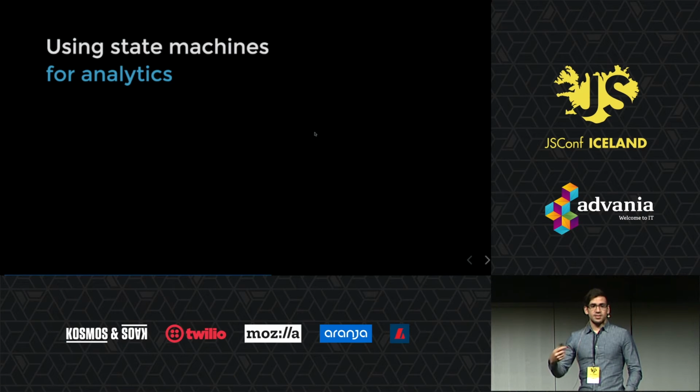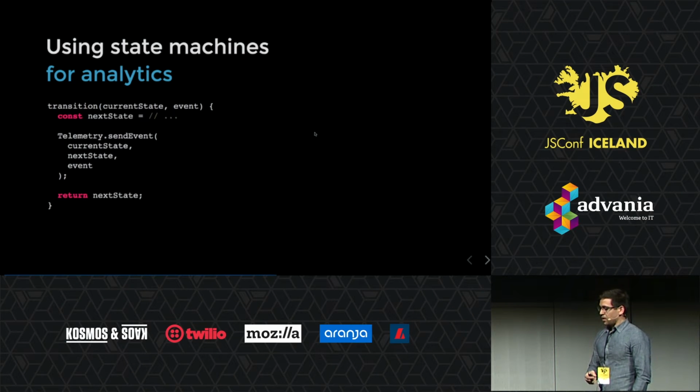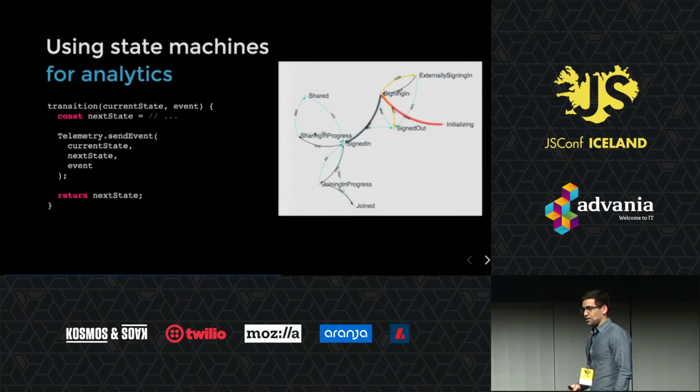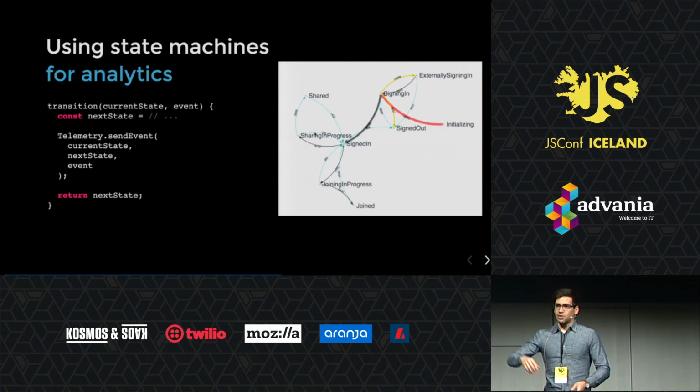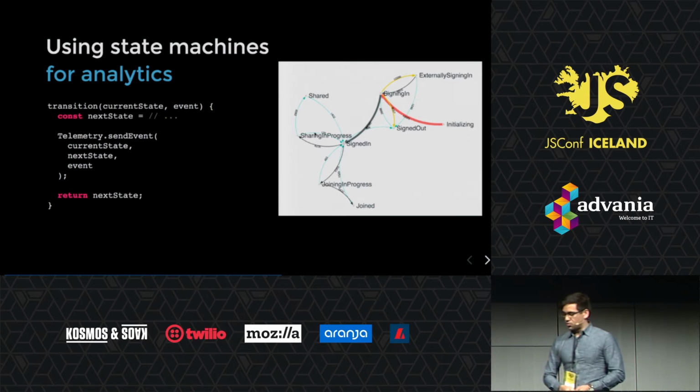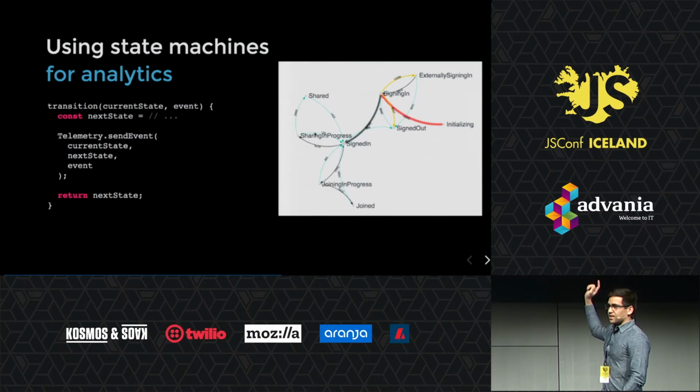First of all, this state machine that I set up was very easy to add telemetry to. So I added telemetry, and I get this very nice visual showing exactly the frequency of how users go from state to state. You can see that most users go through this initializing and then signing-in state, and then either externally sign in or sign out.